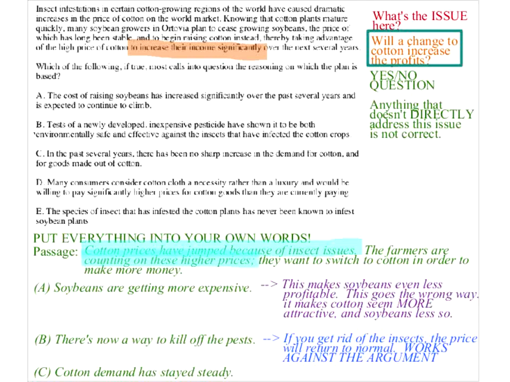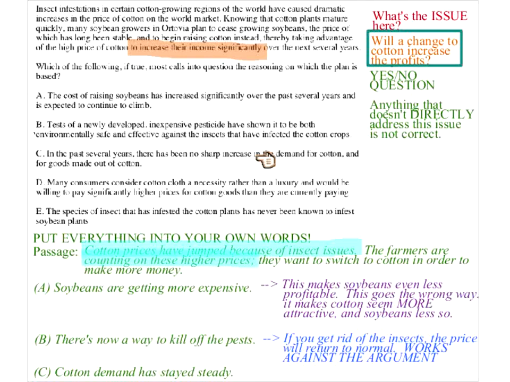A lot of people picked this choice, so it'd be interesting to see what the reasoning was there. But maybe people thought this meant that it's more likely that there's going to be a big increase because there hasn't been one. But that's not really how things work in the world. If there's not a lot of increase in demand, then there's no reason to think that there would suddenly be an increase in demand.